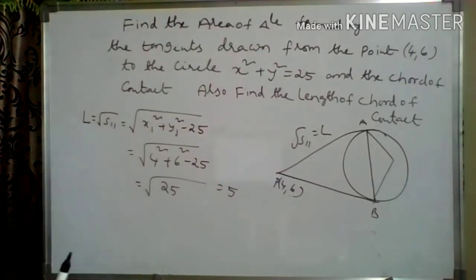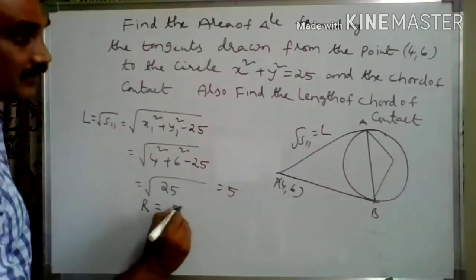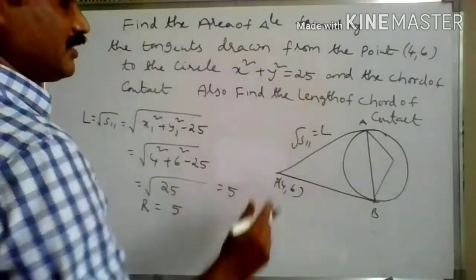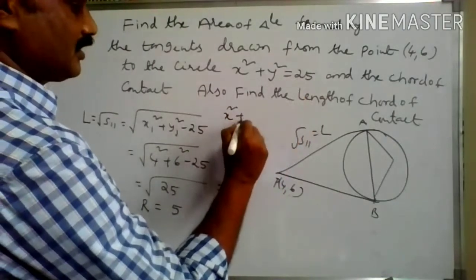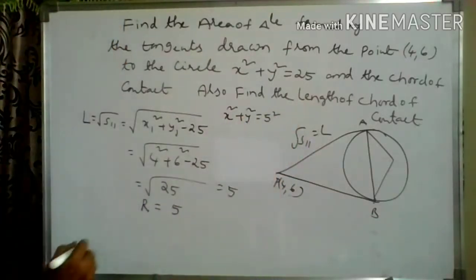Next, radius. Here x square plus y square is equal to 25, so the circle equation is x square plus y square is equal to 5 square. So R is equal to 5.